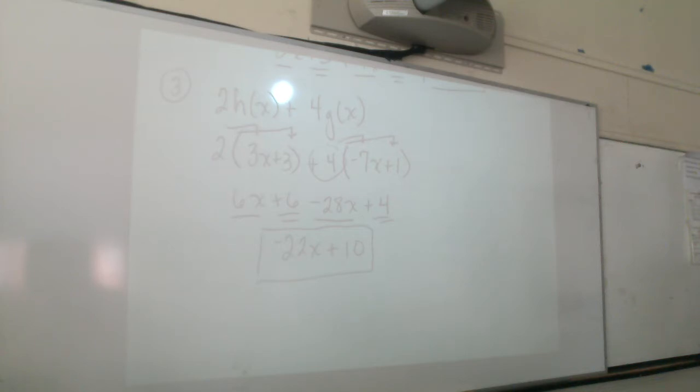All right, let's take a look at one final problem. Number 4. So number 4, because I'm going to run out of space, let's go up here. So number 4, we've got h of g of x.